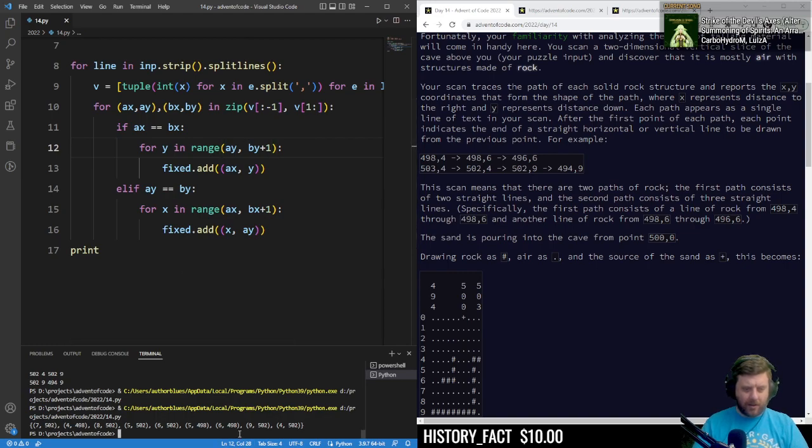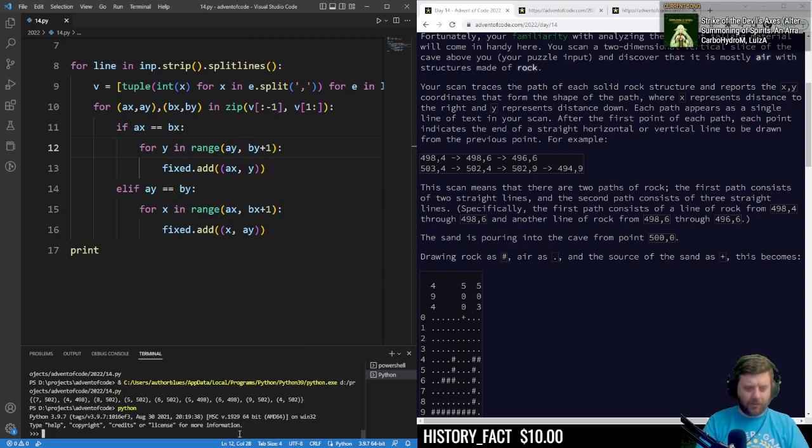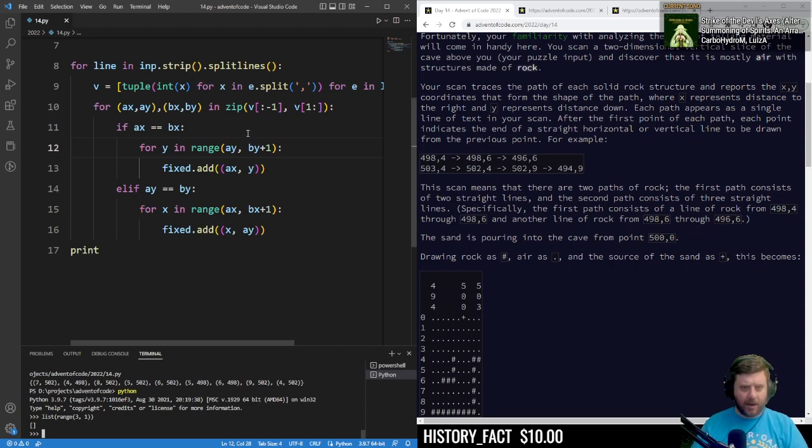What happens... Okay. What happens if you say range from 3 to 1? It just doesn't exist. Okay. I was wondering if Python did something fancy there I wasn't expecting.